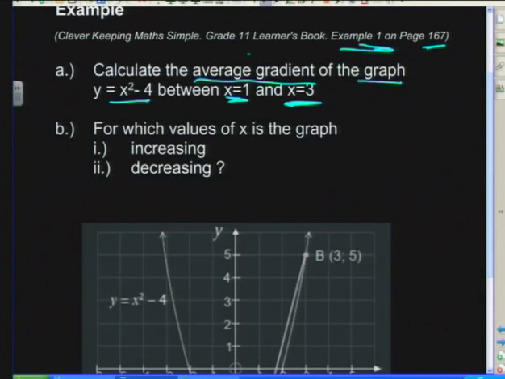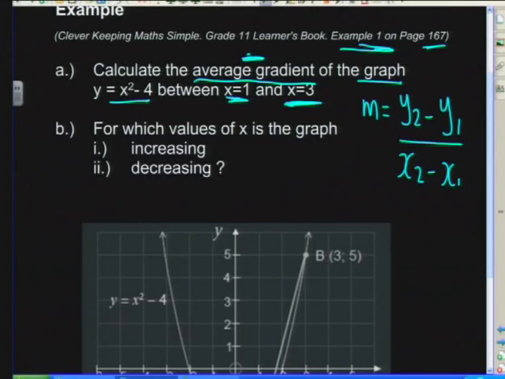So if they say average gradient between 2 points, the way you do it is to find the gradient between those 2 points. So you find the gradient of the straight line between those 2 points, and that gives you the average gradient of the curve.